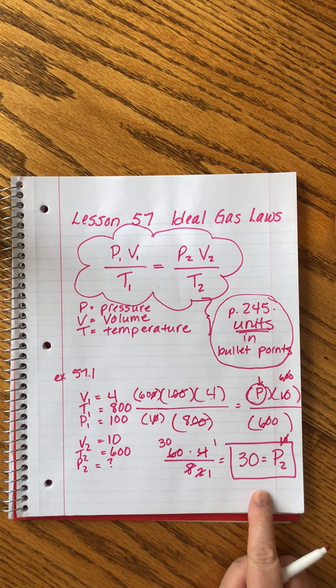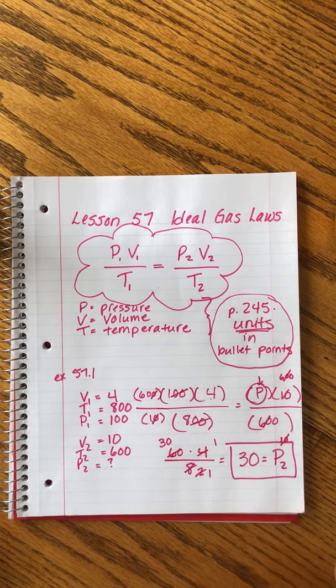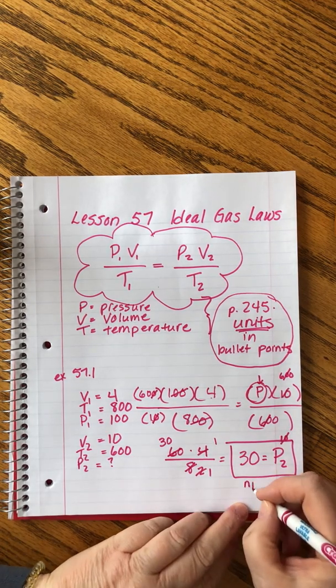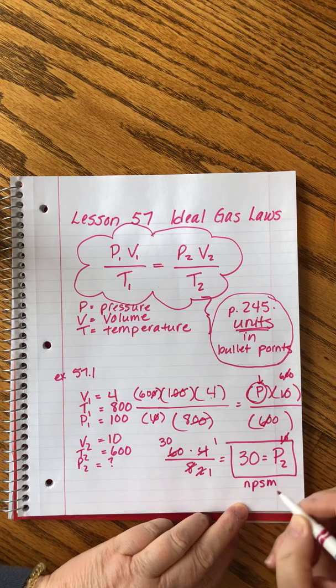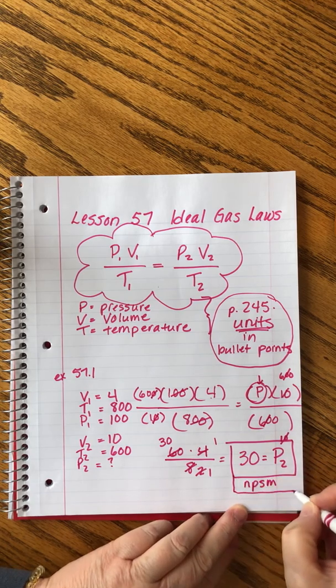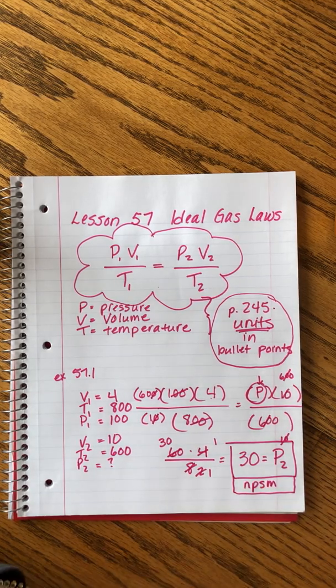The pressure is measured in newtons per square meter. Newtons per square meter. That is a unit that means absolutely 0 in my brain, but it's fine. I can write it down.